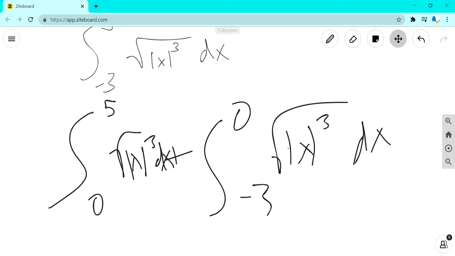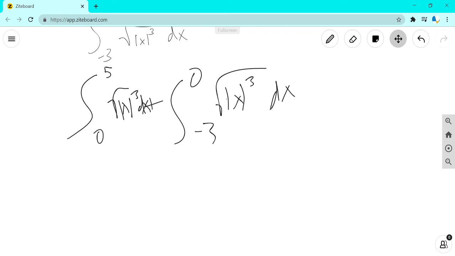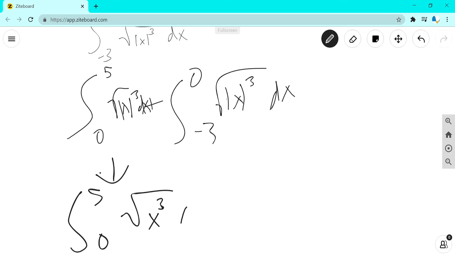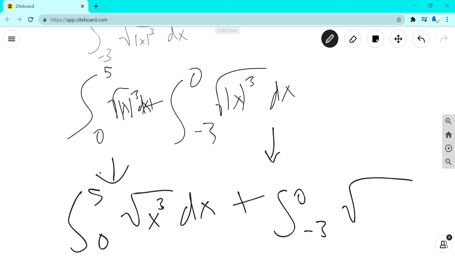This one can just become the integral from 0 to 5 of the square root of x to the third dx, and this one is the integral from -3 to 0 of the square root of negative x to the third dx.